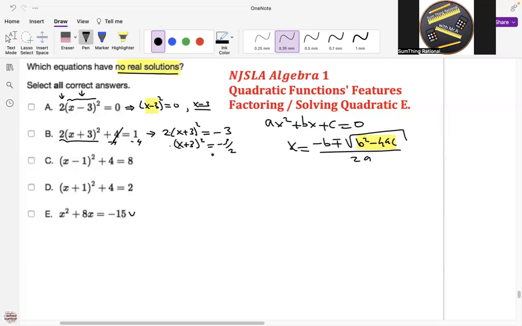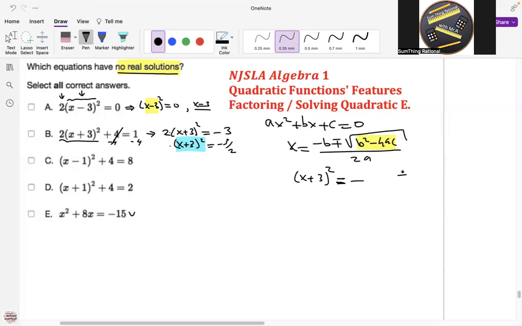But one thing I need you to pay attention to here. (x plus 3) whole square. You see here? (x plus 3) whole square. So if we are looking for a real solution, (x plus 3) whole square means a number squared. Okay, a number squared. Can it be a negative number? What do you think?